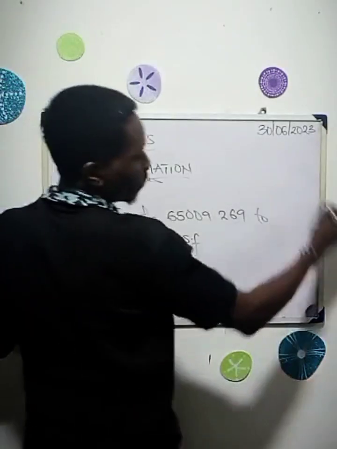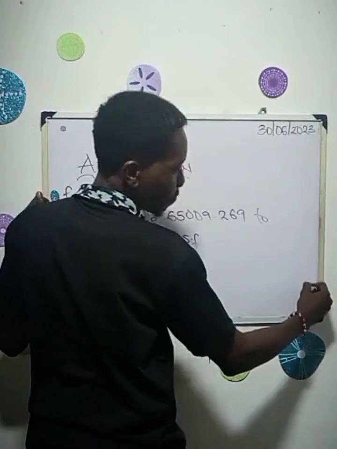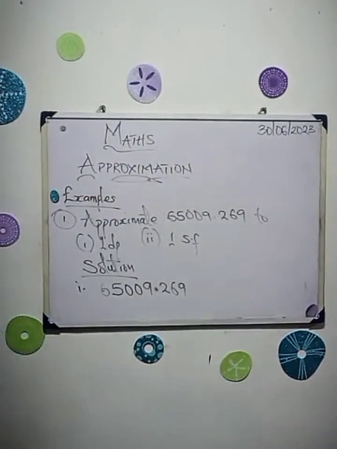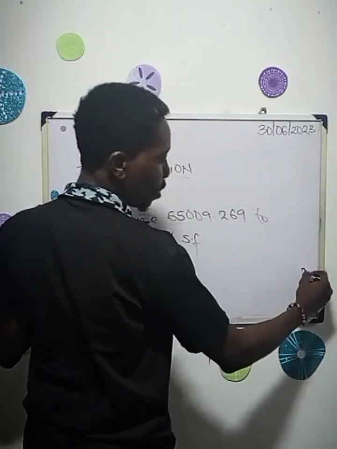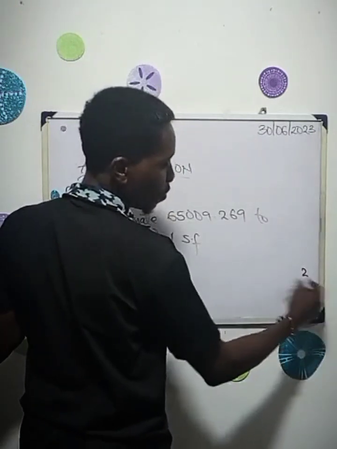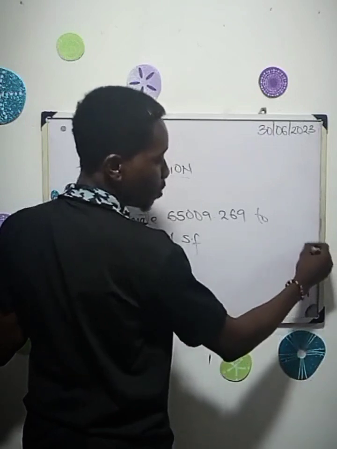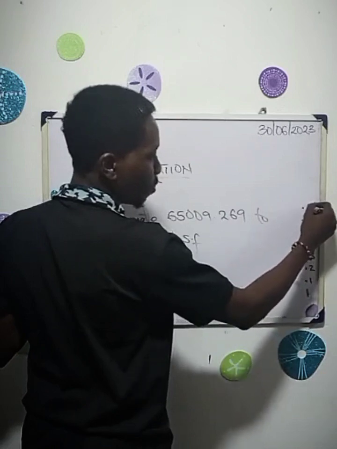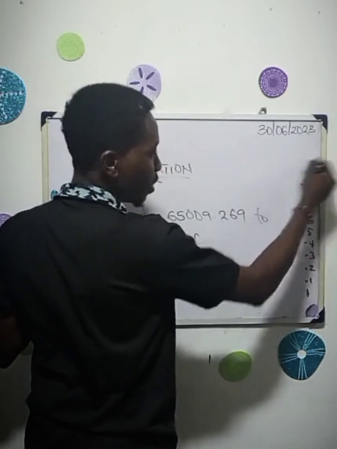So let me write it this way. We have 1 here, we have 2 here. So 0.1, 0.2, 0.3, 0.4, 0.5, 0.6, 0.7, 0.8, 0.9, then 2.